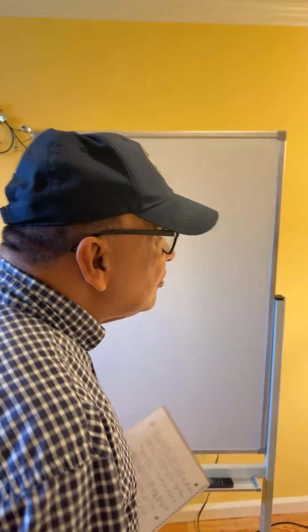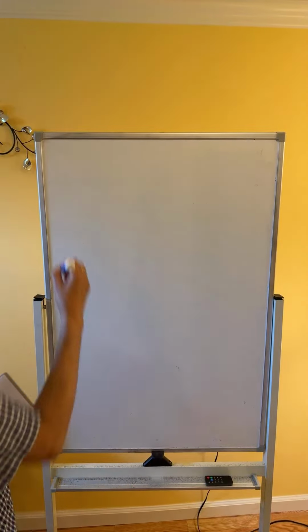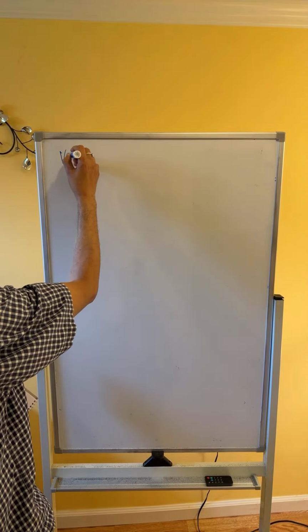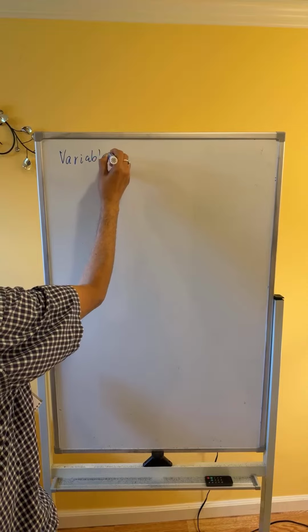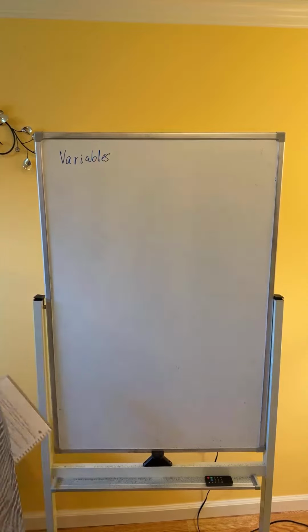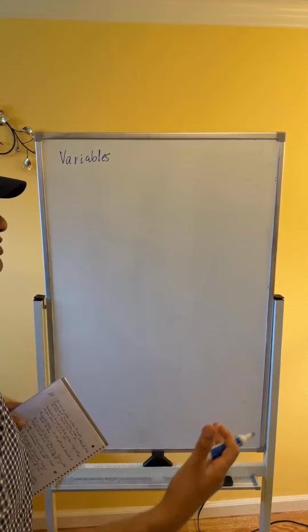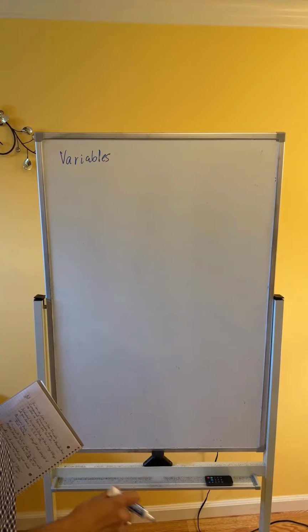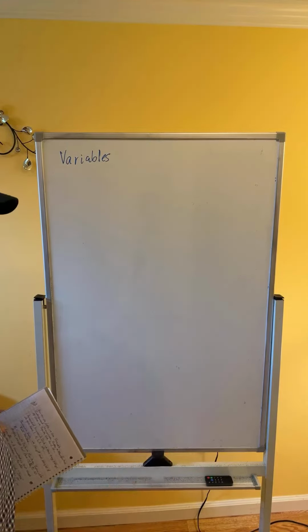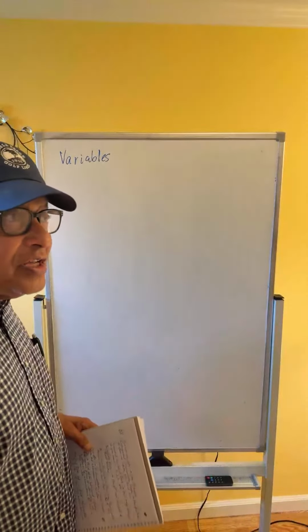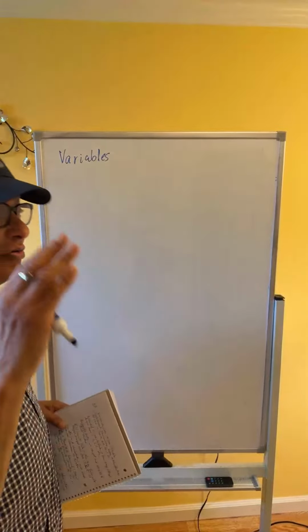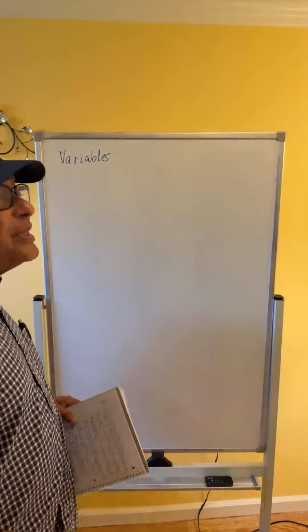So today we are going to talk about variables in statistics. A variable, as you can think about, is something that varies. What you may not know is that there are different kinds of variables. Everything you didn't know about variables I'm going to cover today. Your knowledge about variables may not be complete.